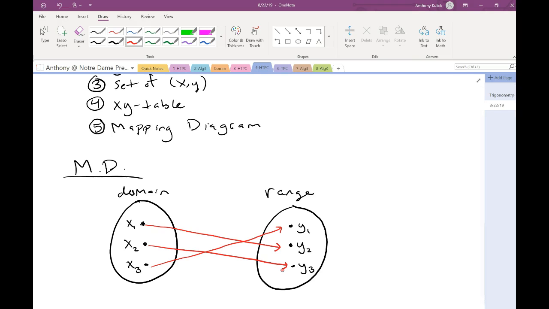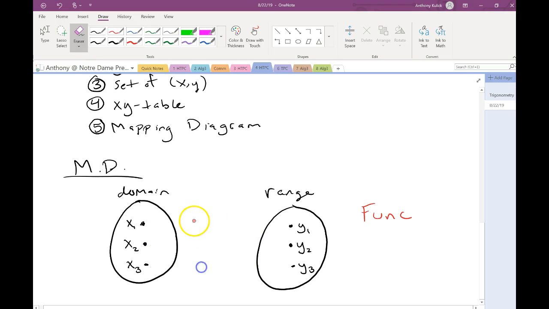So in this case, is this mapping diagram representing a function? Yes, right? All of the x's are used, and they're all used just one time, which is basically what we're looking for. Everybody agree with that? So that's a function. What if instead the assignment looked like this?